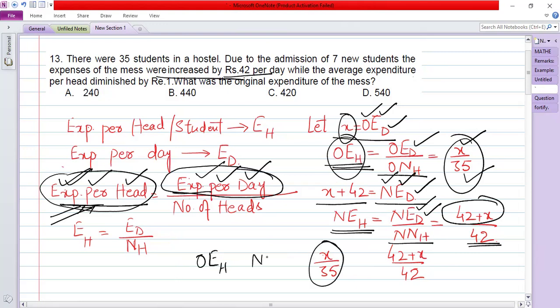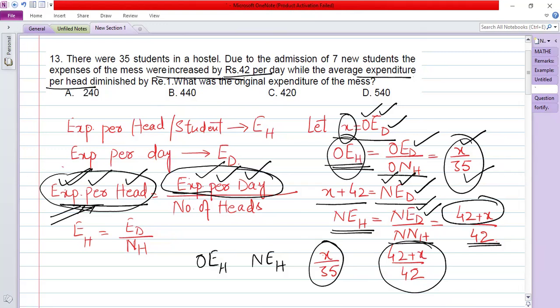And we have the new expenditure per head, which is nothing but (42 + X)/42. Now, once again, if we go by the statement that this is the average expenditure per head, since it is an average, we can add one more word this side: average expenditure per head.